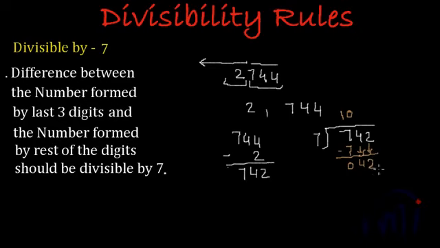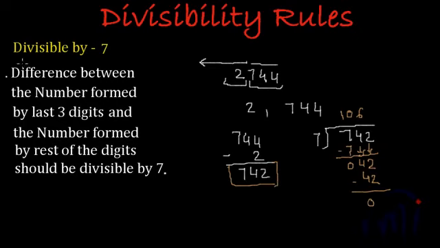So it becomes 42, right? And 7 sixes are 42. Here we are getting remainder as 0 after subtracting 42 from 42. So this proves that 742 is divisible by 7, right?